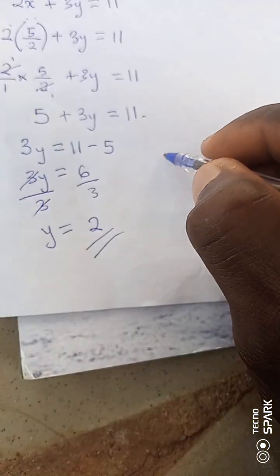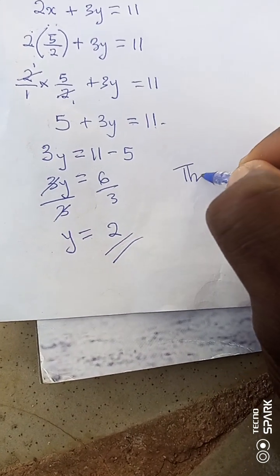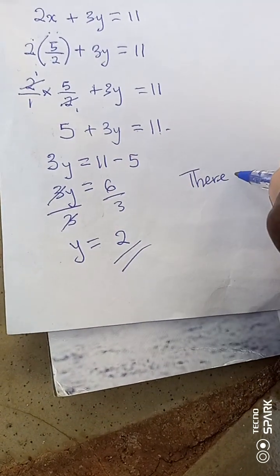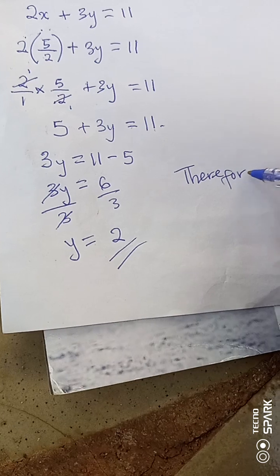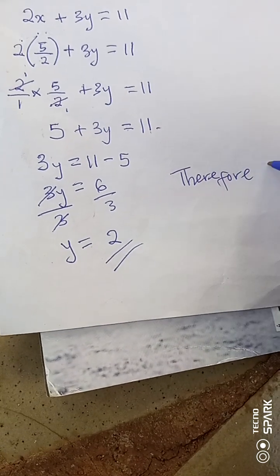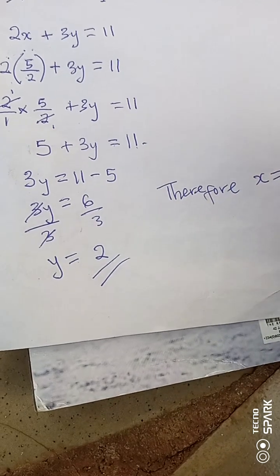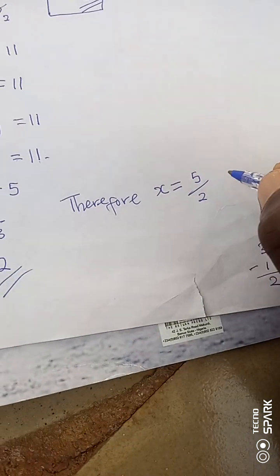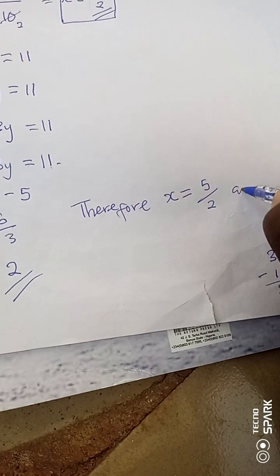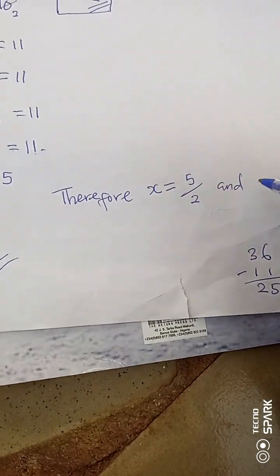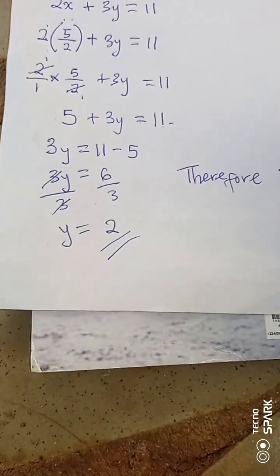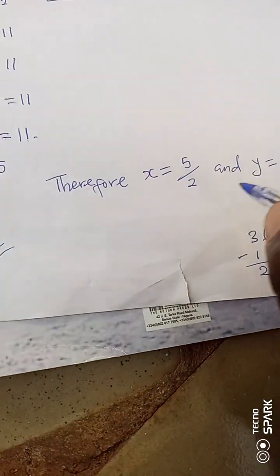Therefore x is equal to 5 over 2 and y is equal to 2.